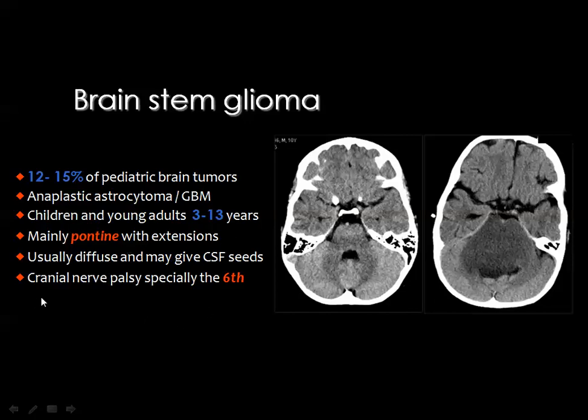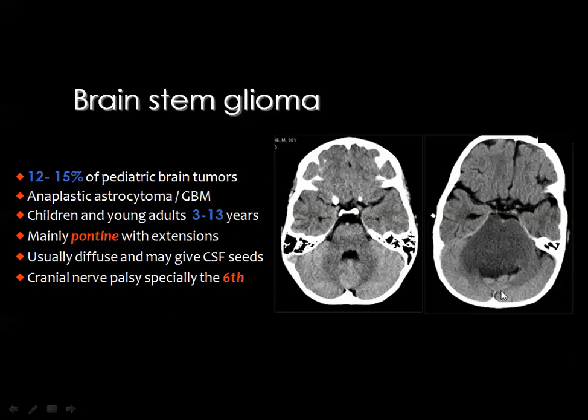Then this is the normal appearance of the pons and normal appearance of the fourth ventricle. And whenever the brainstem is infiltrated by the tumor, the brainstem is markedly enlarged, and you got flattening of the anterior aspect of the fourth ventricle, which is displaced posteriorly, and consequently you get supratentorial obstructive hydrocephalus.